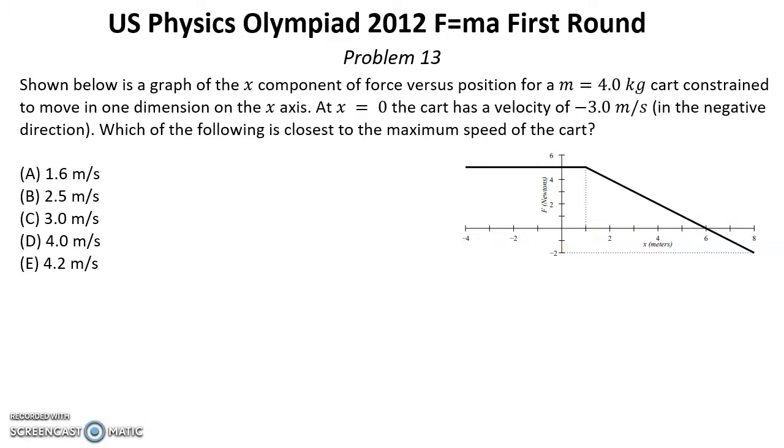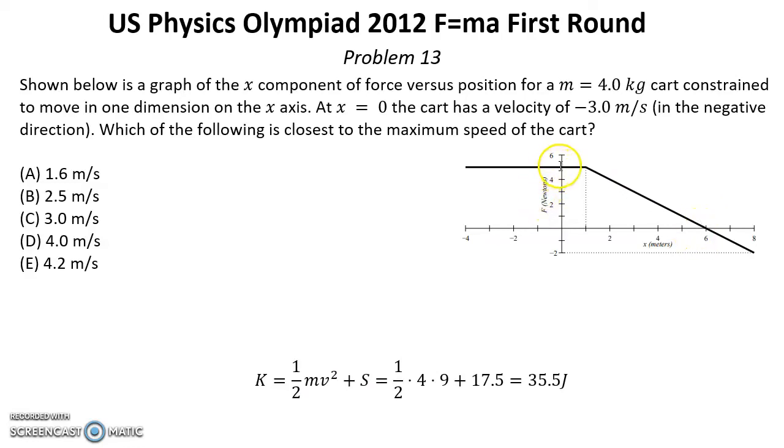And we need to count the initial energy, which corresponds to a speed of 3 meters per second. So the total kinetic energy equals the initial kinetic energy plus the work done by this force.